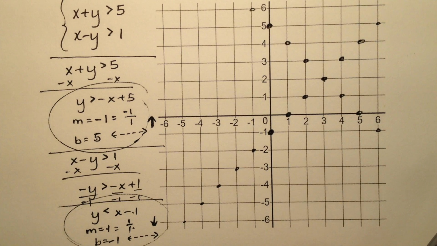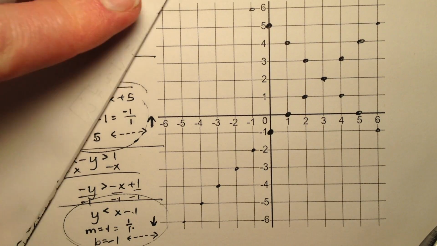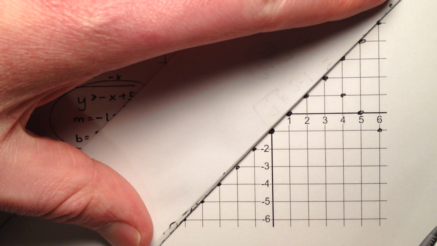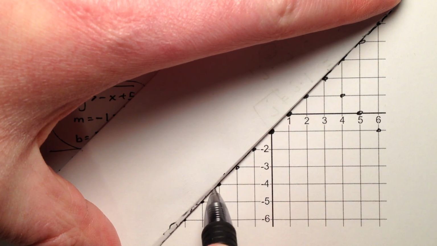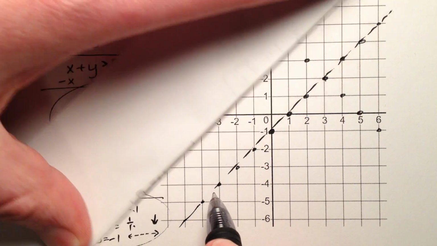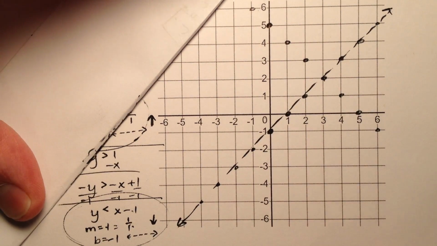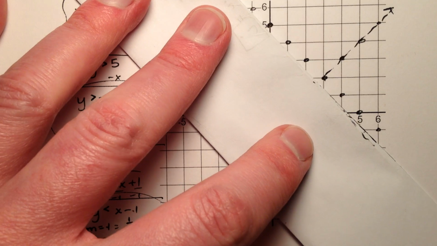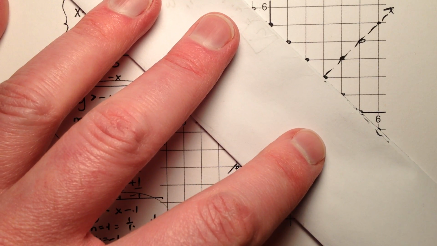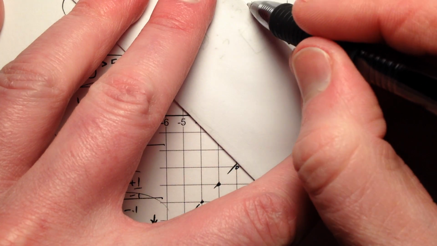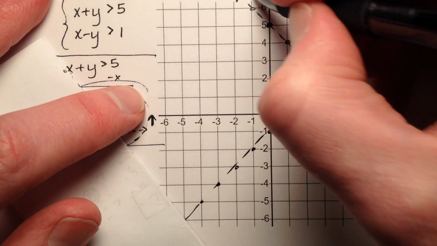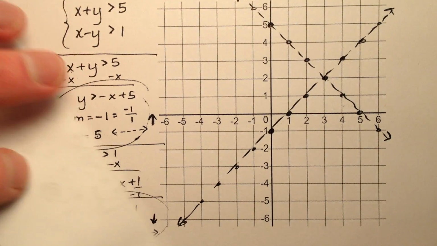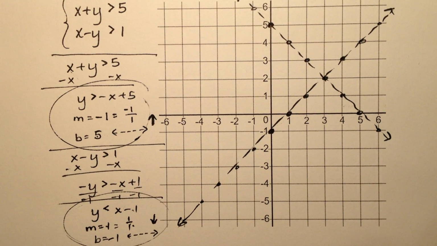So let's go ahead and grab our handy dandy straight edge, and we're going to graph both of these dashed lines. Okay, so both of my lines here are dashed lines.